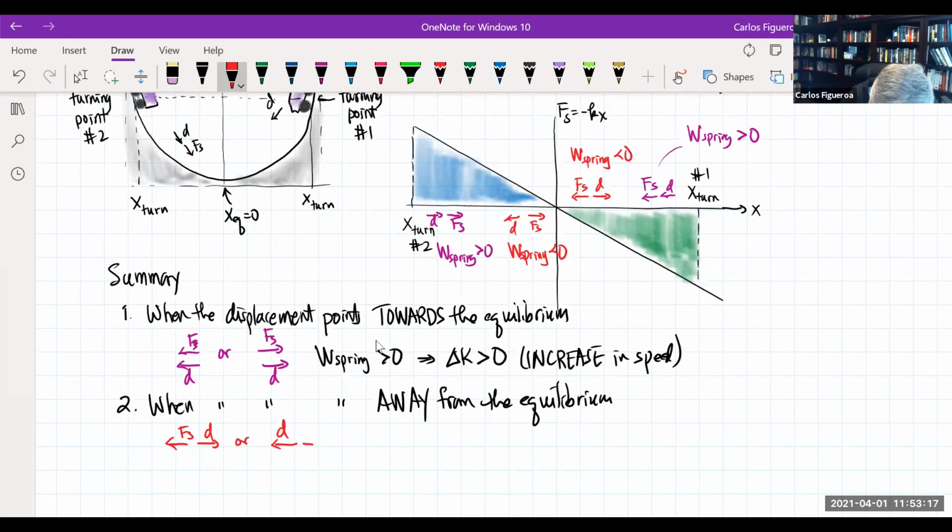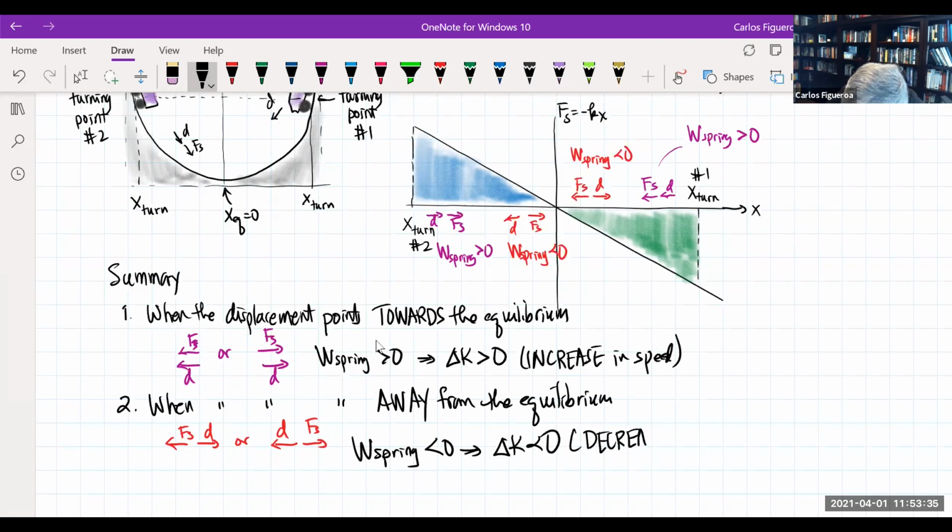I'm going away from the equilibrium, and the spring force doing that. Then what that tells us here is that the work of the spring is negative, which means then that the change in kinetic energy must be negative. And if it's negative, then that means there must be a decrease in speed.